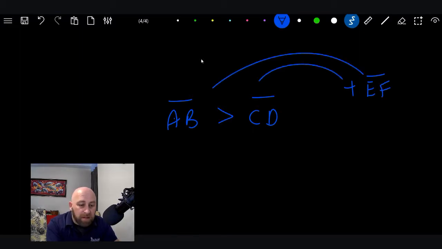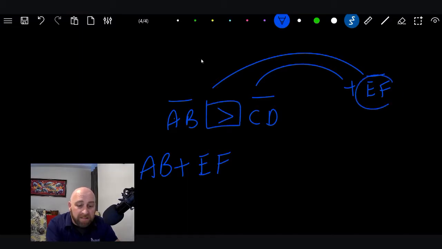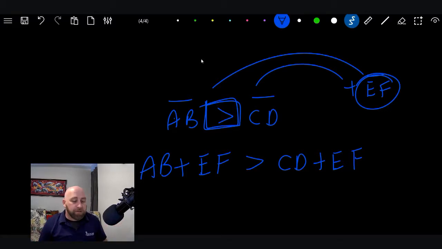Well, if we add it to both, we would get AB plus EF. We would maintain the same. Why? Because this is equal to itself. It's an identity. And so we would say that it is greater than CD plus EF. And that's how this is going to work out in geometry. We're not going to be using numbers very much. We're going to be using letters, and obviously this would all be line segments over top of it.